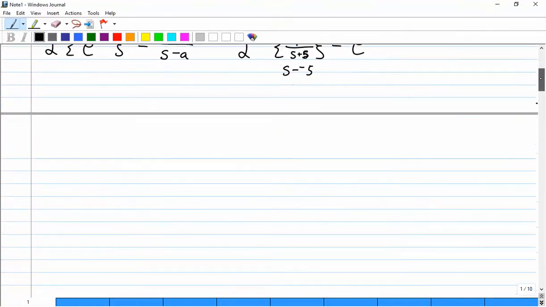So remember the other formulas that we went over. All of those formulas have inverse Laplace transform formulas. We went over, I think it was 7 formulas.